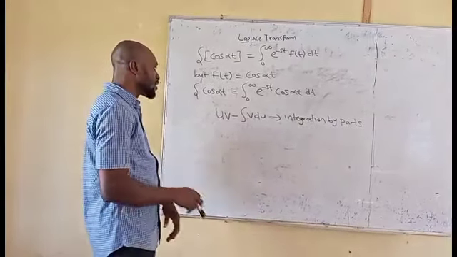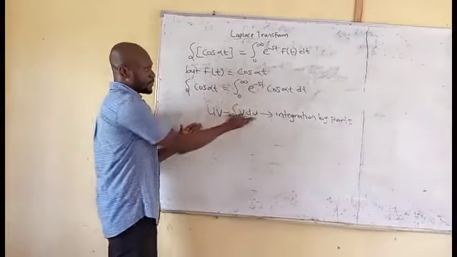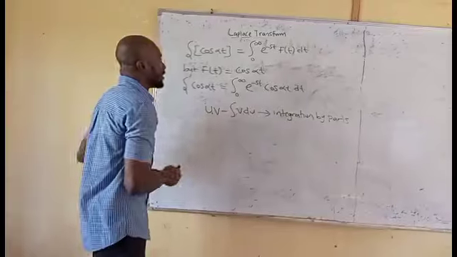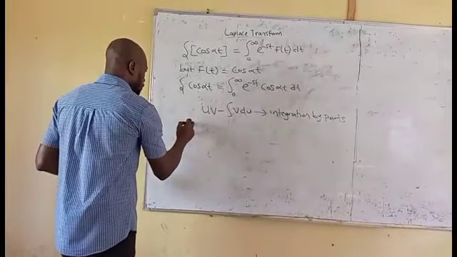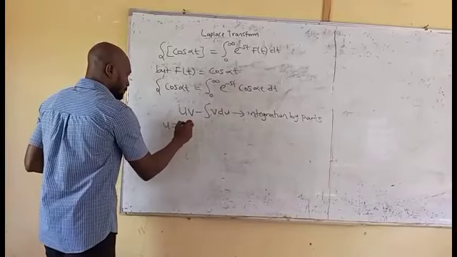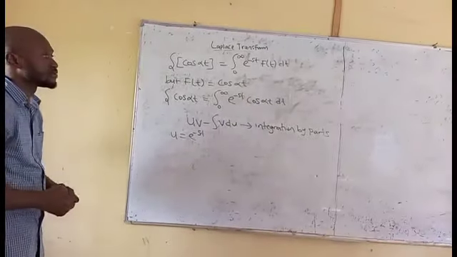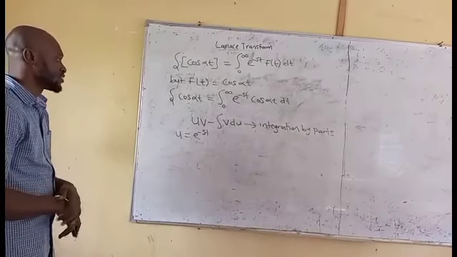This is the formula. So I select my u equal to the exponential of minus st.